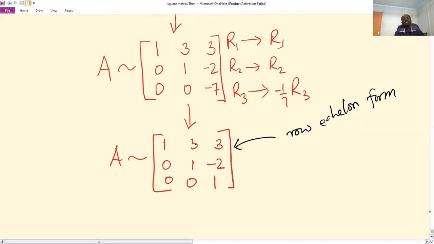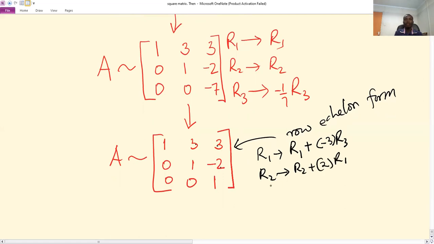So the next step will be row 1 to be row 1 plus minus 3 row 3, and then row 2 to be row 2 plus 2 row 3, and then row 3 to be row 3. So it's like now I'm reversing back my process.